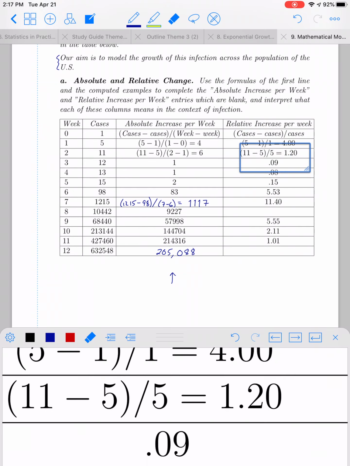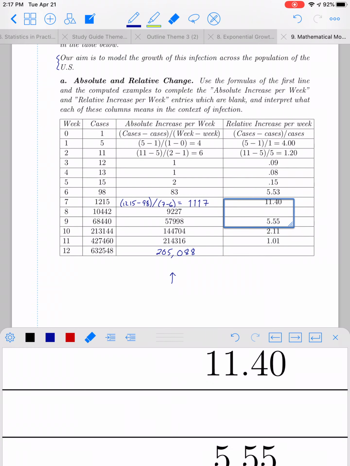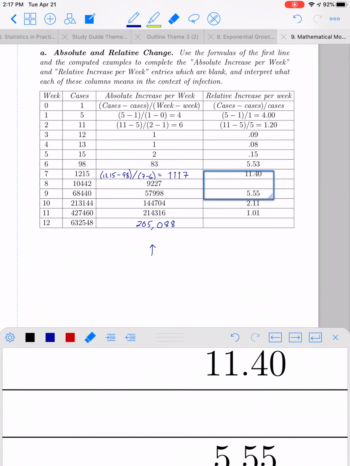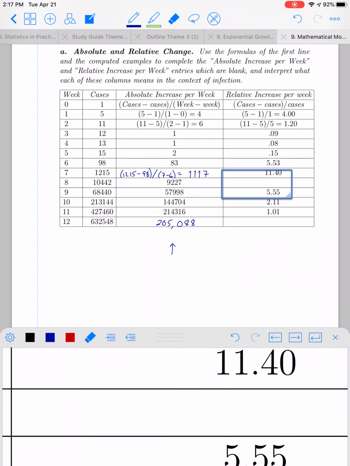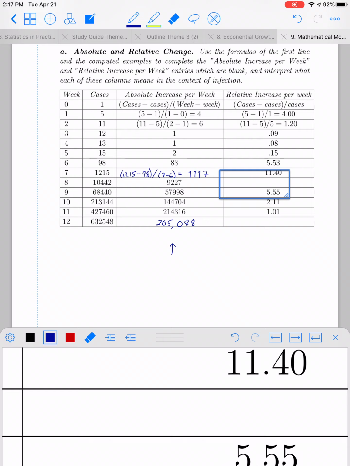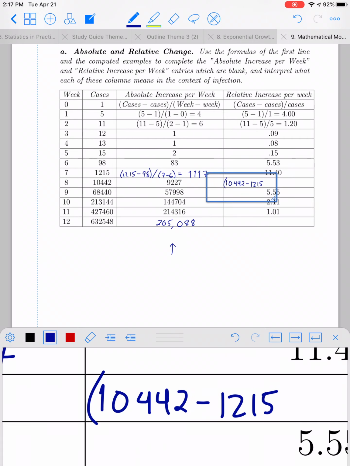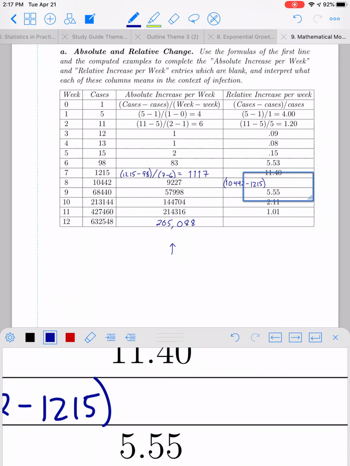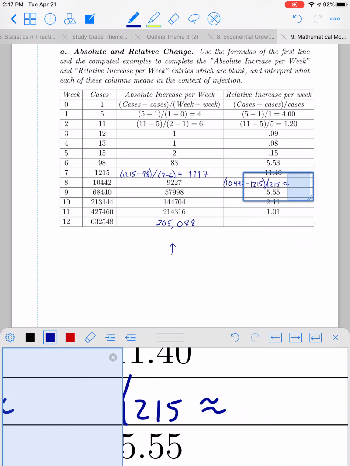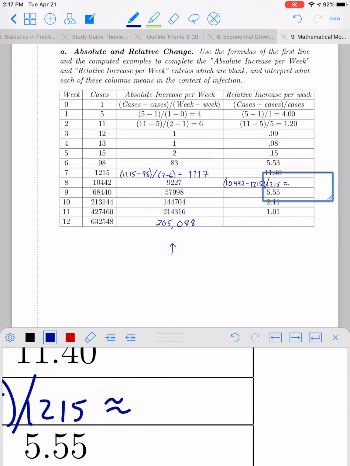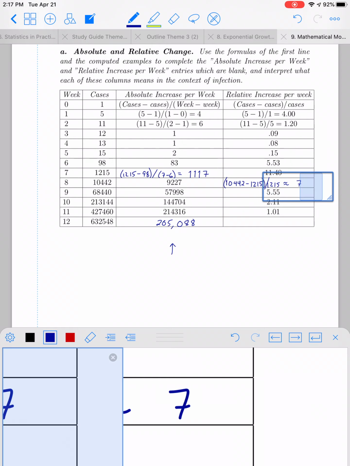Places where this hasn't been filled in, down here in week 8: what was our relative change by the end of week 8? Well, we need to look at 10,442 minus 1215. We'll divide that by 1215, the old value, and what we get out of this is 7.56. Now, these are all just decimal numbers.